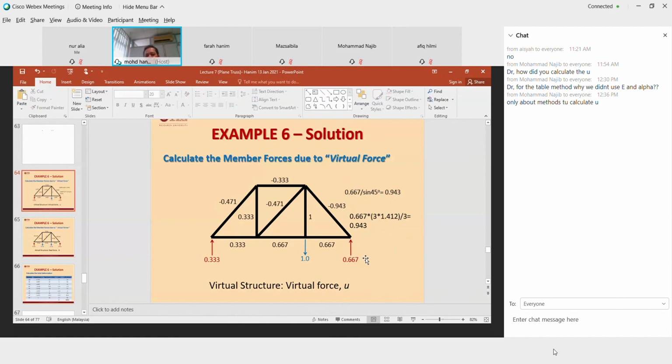Okay. So by only one line of calculation, you can straight away calculate the force in this member. And why is it negative? Because it is compression.